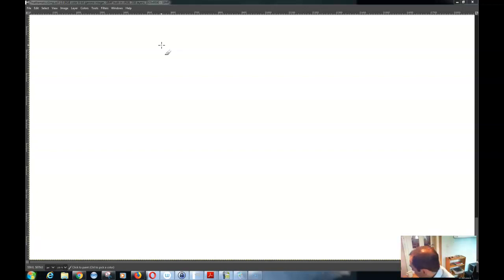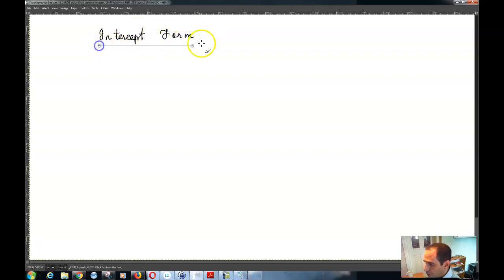There was another form that we also talked about before, and that is called the intercept form. As you can hopefully remember, the intercept form was x over a plus y over b is equal to 1.